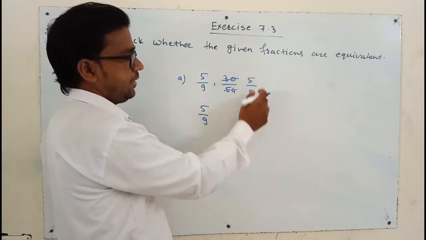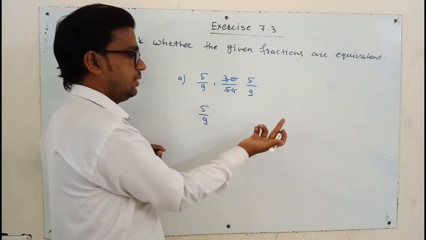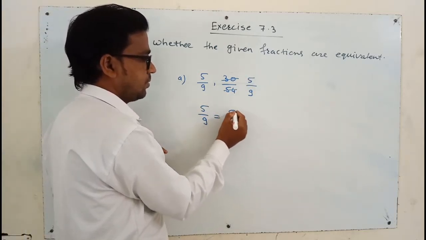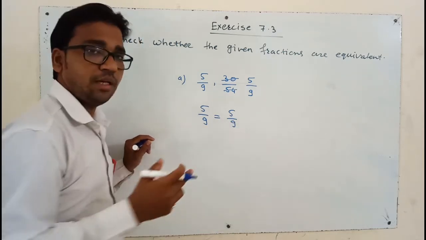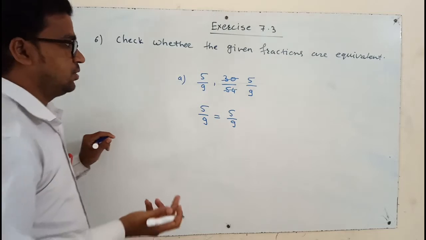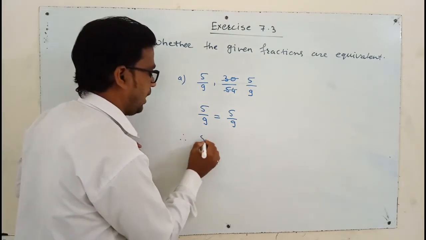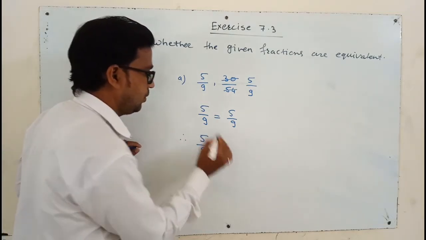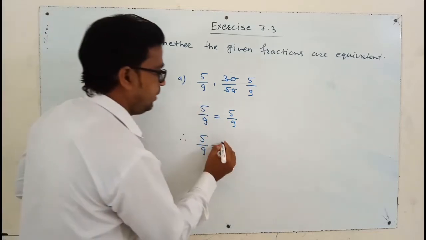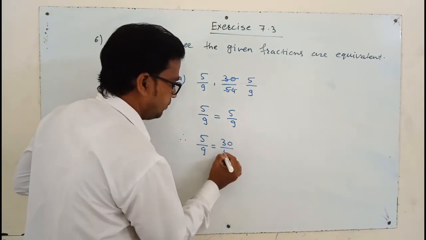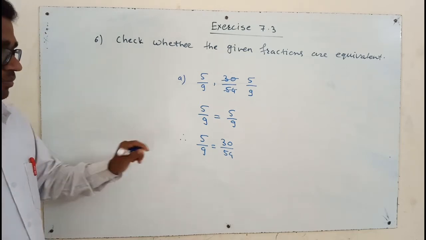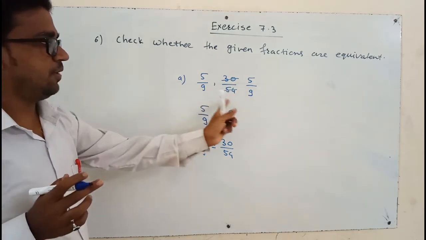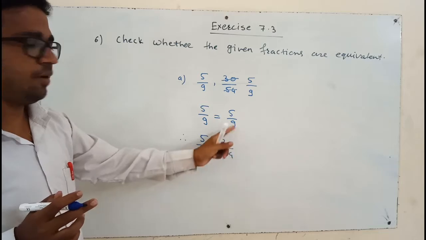Which fraction do we get? 5 by 9. Because both the fractions are the same, we can write 5 by 9 equals 30 by 54, because if we simplify 30 by 54, we get 5 by 9.